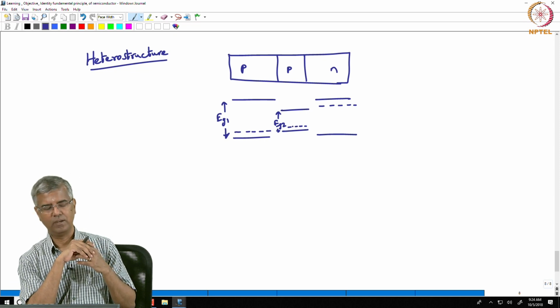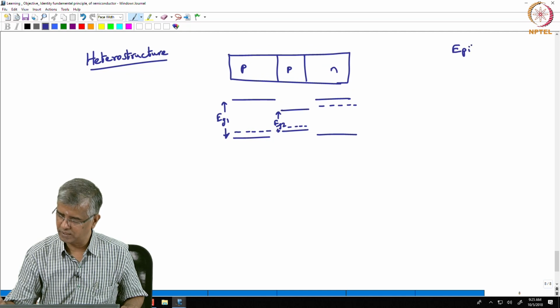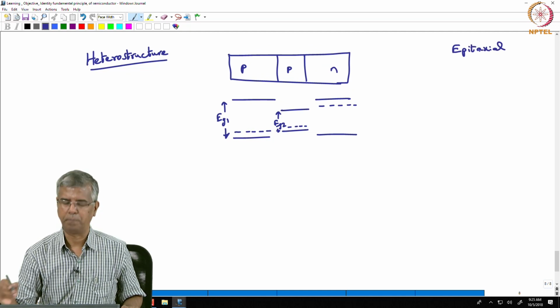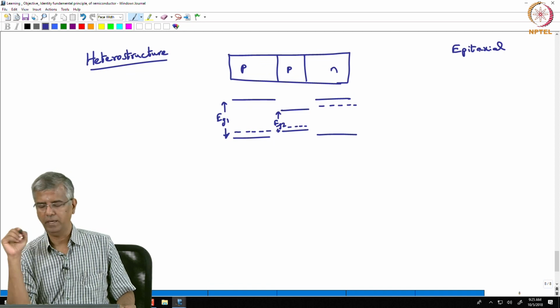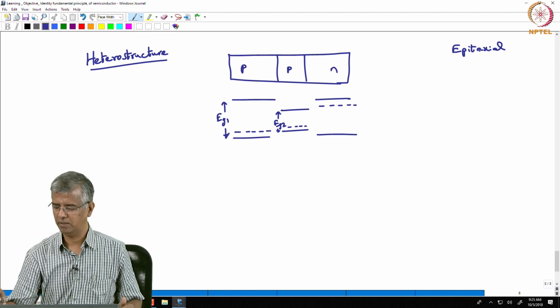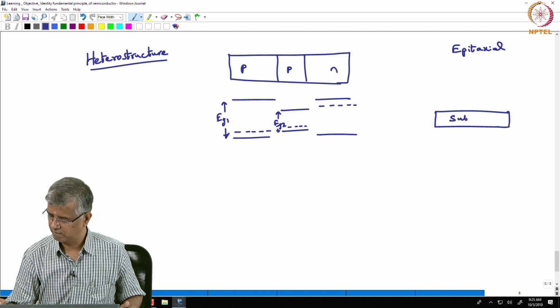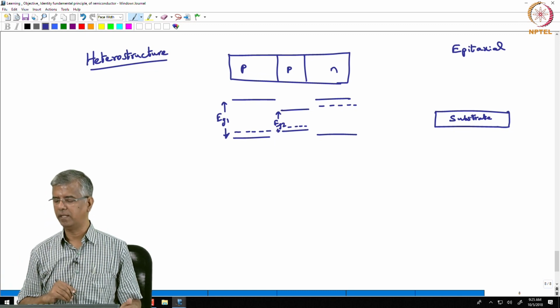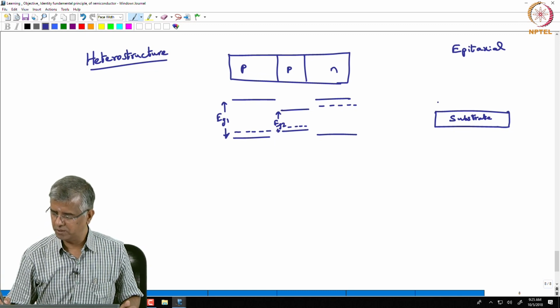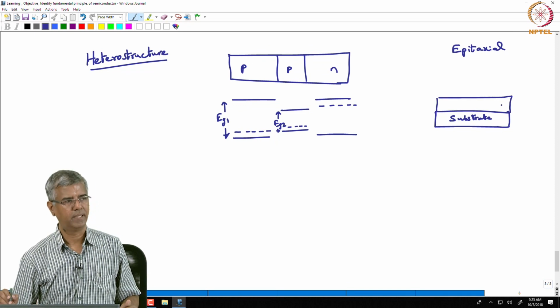So, usually what they do is there is something called an epitaxial deposition. Okay. In this epitaxial deposition, you take a substrate, which is typically a highly conducting material, and then you deposit silicon on that.